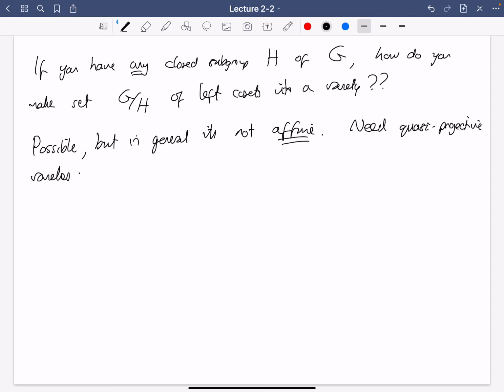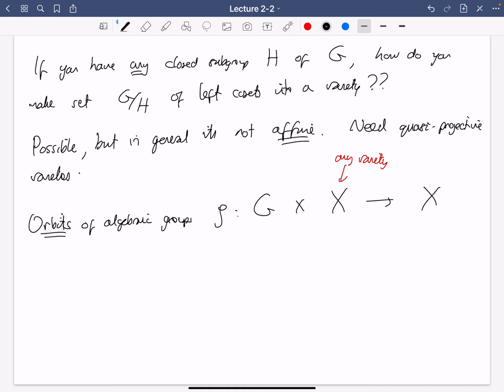And this is all closely linked with the question of understanding orbits of algebraic groups. So this starts becoming very interesting. If you have any variety X, affine or not, there's a good meaningful notion of what it means for G to act on X. This would be an action in the usual sense of group theory, which is also a morphism of varieties, whatever that means.